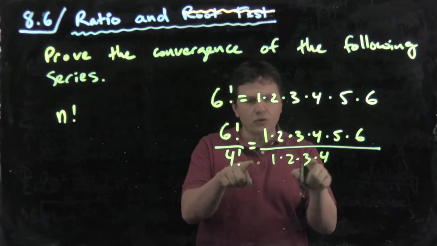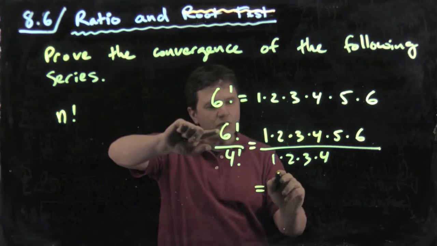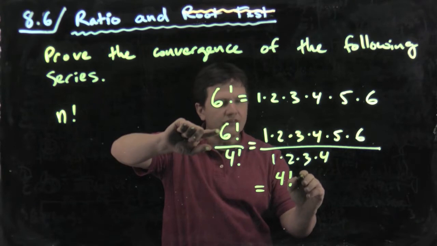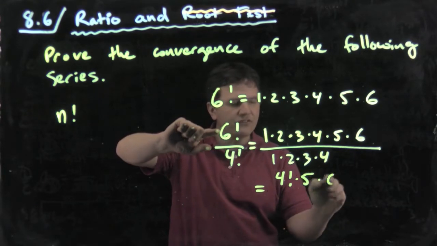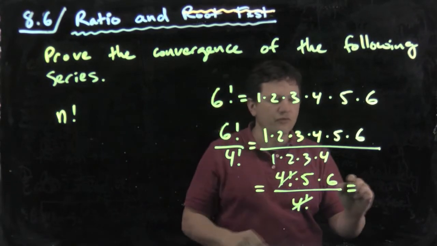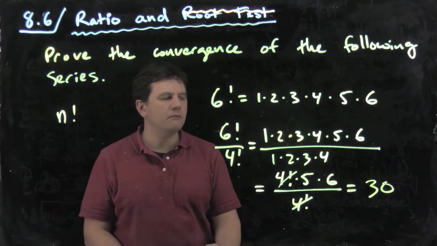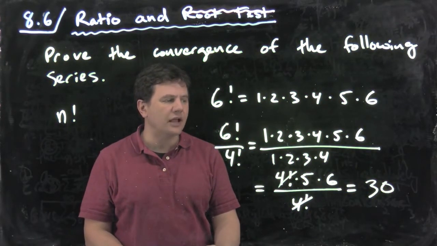So what we're going to see is we're going to cancel. As soon as I see this 6 factorial, realize I can write it as 4 factorial times 5 times 6. So those 4 factorials will cancel, and I'm left with 5 times 6, which is 30. Okay? So quite nice in that regard.